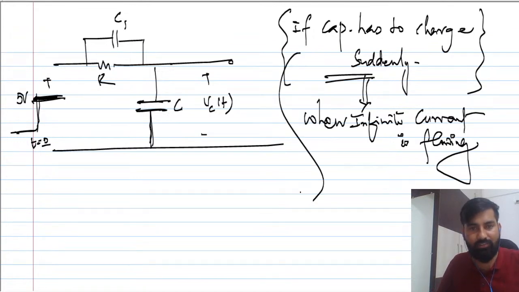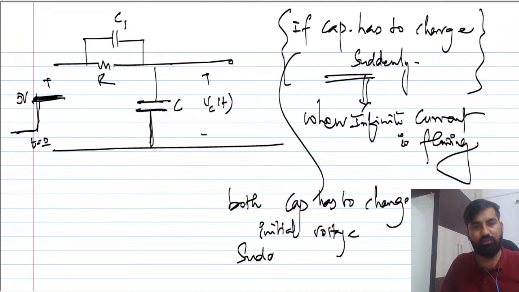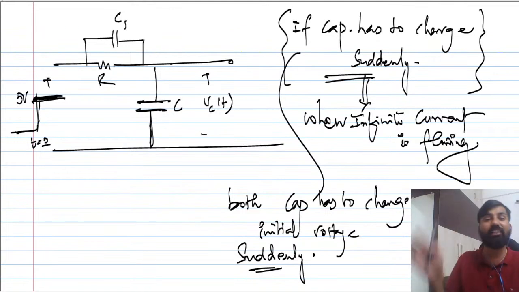So both capacitors have to change their initial voltage suddenly. Why so? ऐसा क्यों करते हैं? अब देखो, when capacitor will change its voltage suddenly, then what will happen? Infinite current will flow, right?